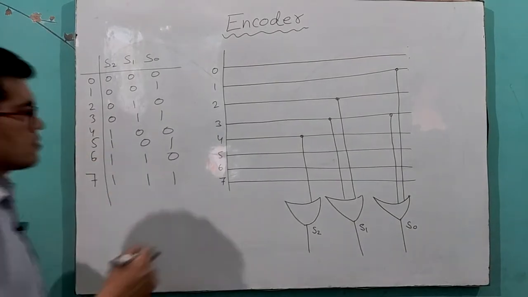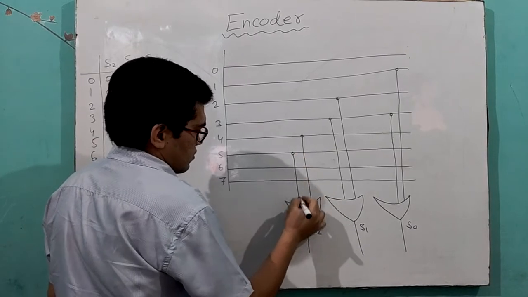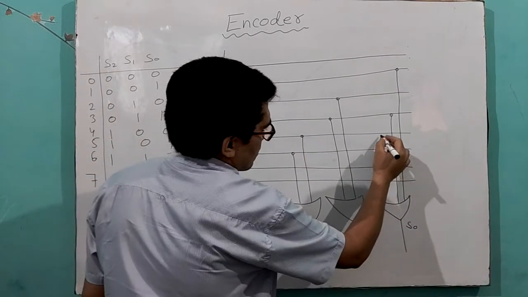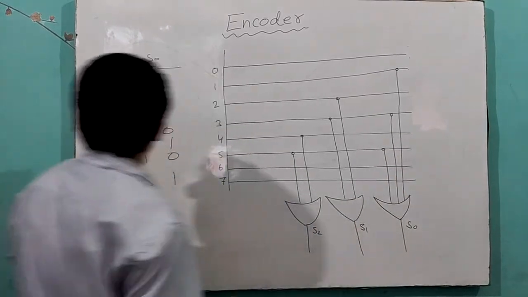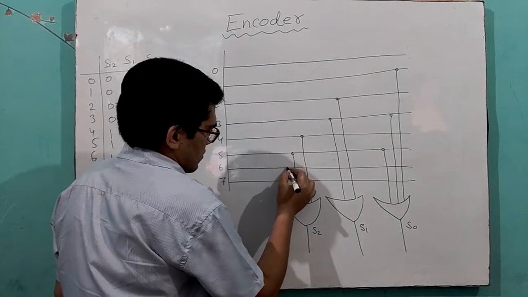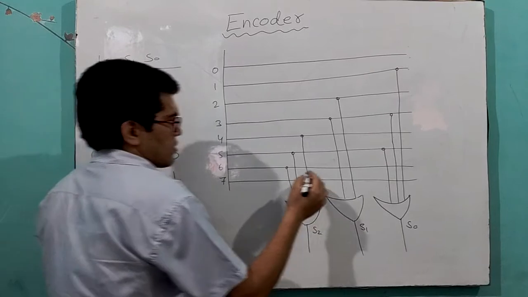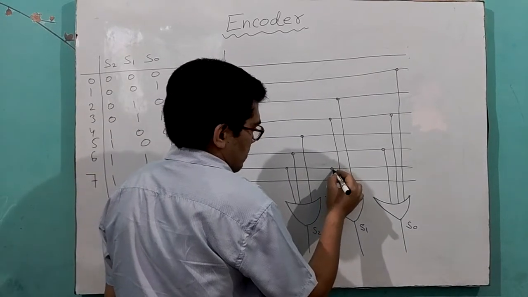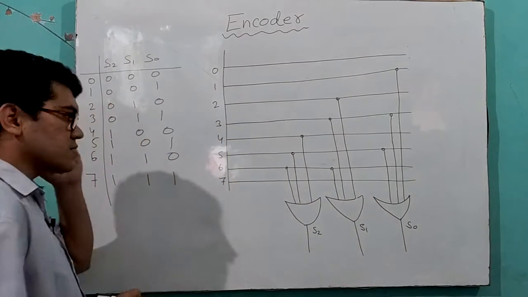1 0 1. Now this and this. Next is 1 1 0. This one is 1 1 0. So no need to connect with S0.